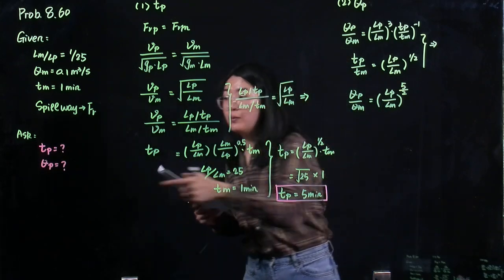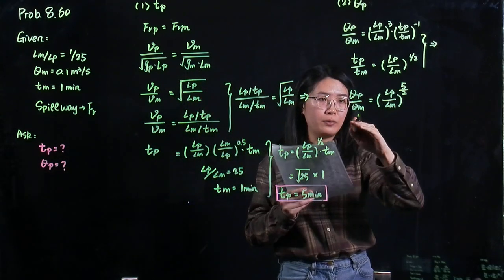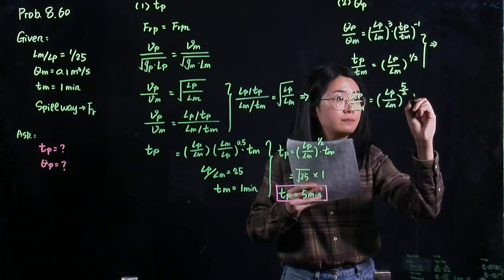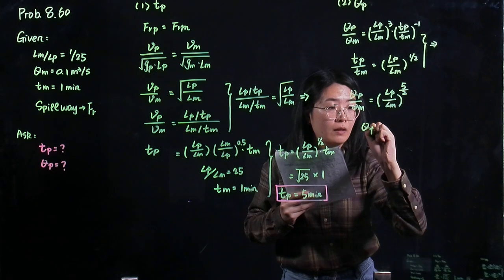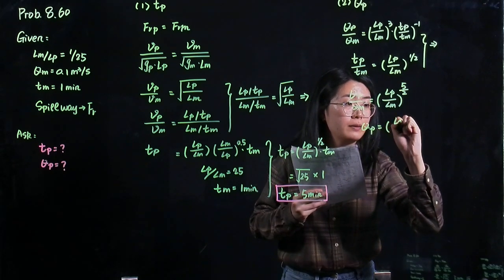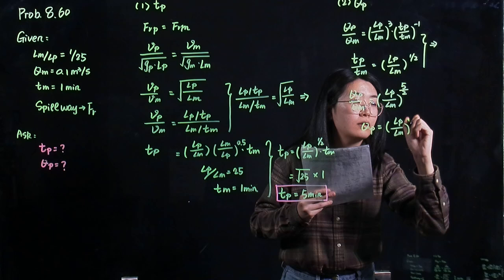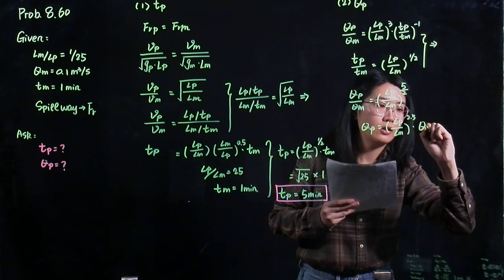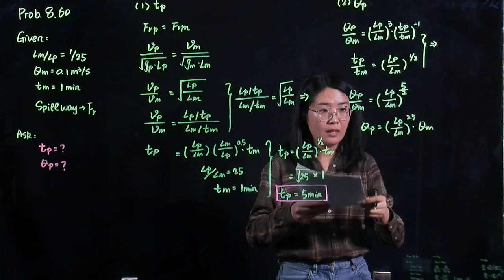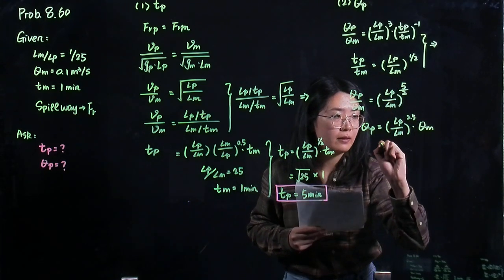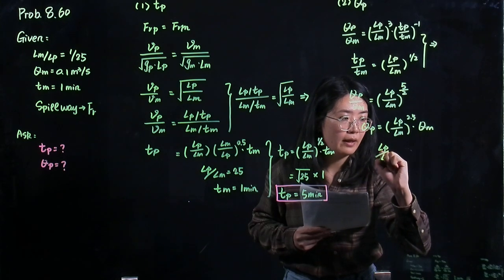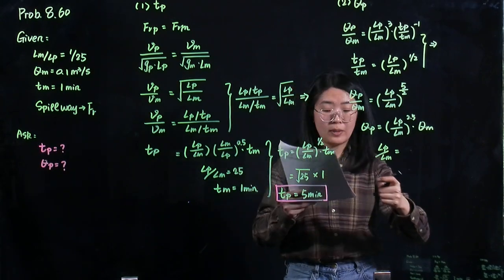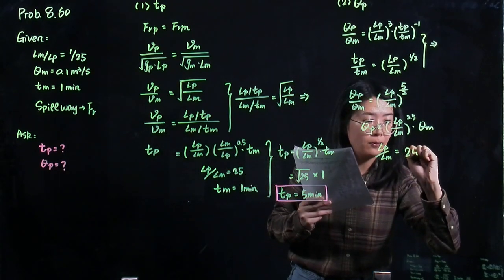And then because we want to identify the Qp here, we put the Qm to the right hand side, and then we can get Qp equals Lp over Lm to the power of 2.5, then times Qm. And we know the ratio Lp over Lm equals 25, right? Is provided.